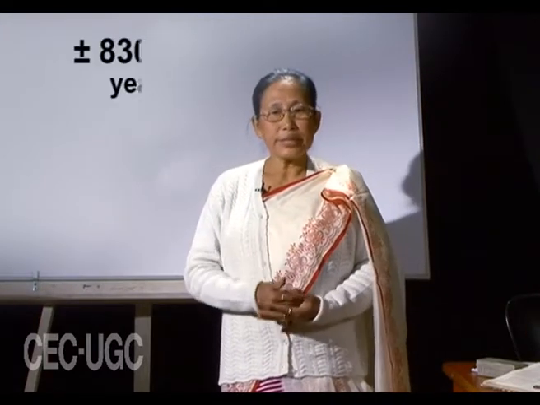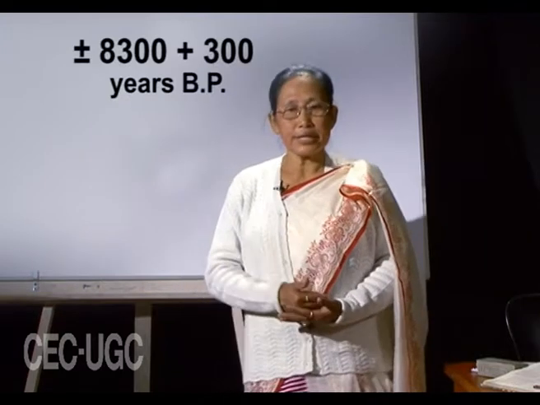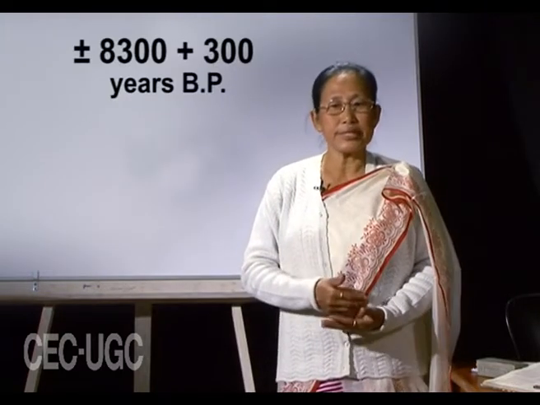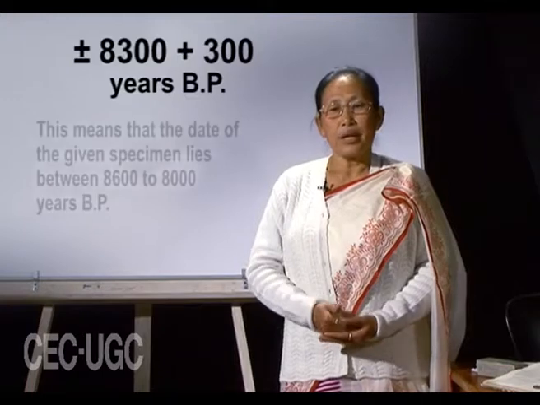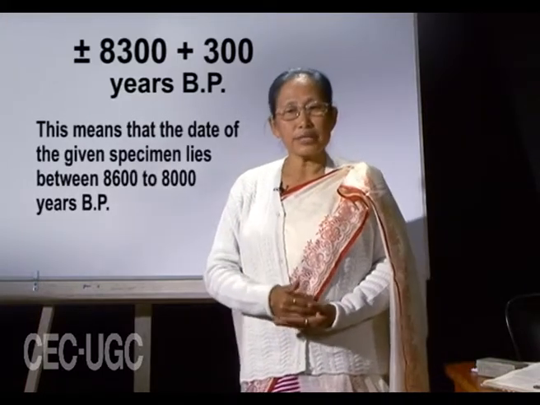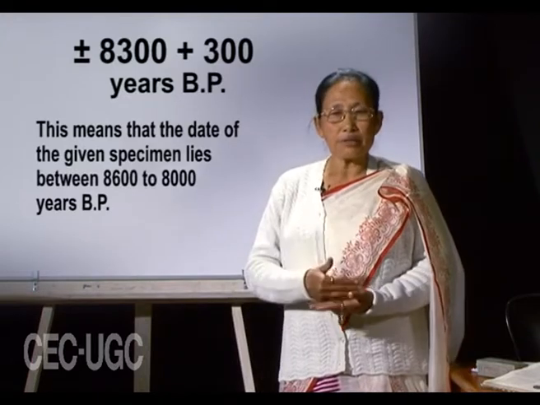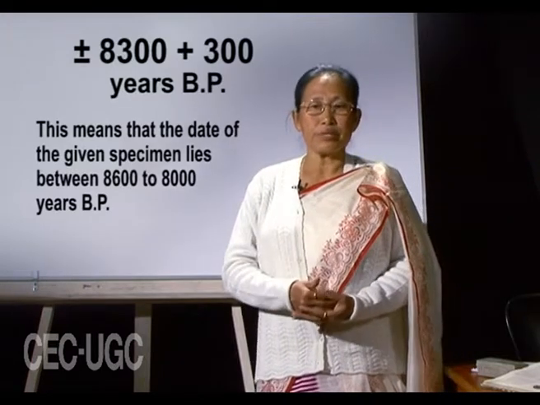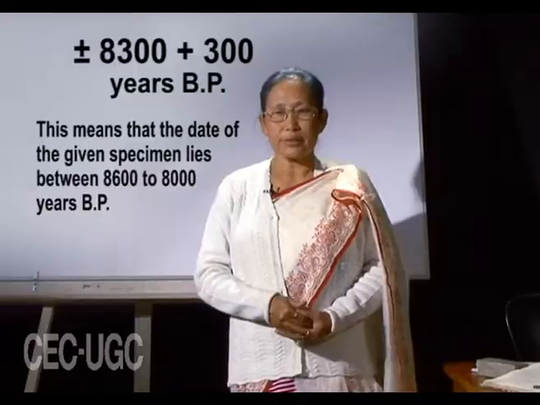Thus, a typical C14 date might read 8,300 plus or minus 300 years BP. This means that the date of the given specimen lies between 8,600 to 8,000 years before present.